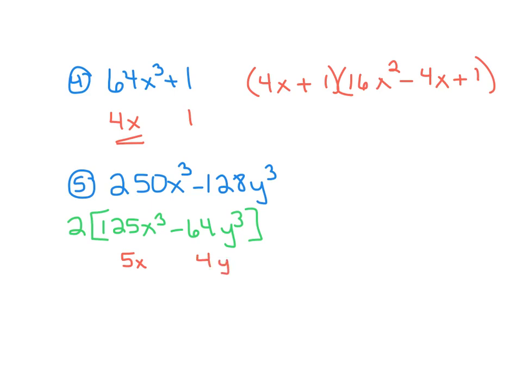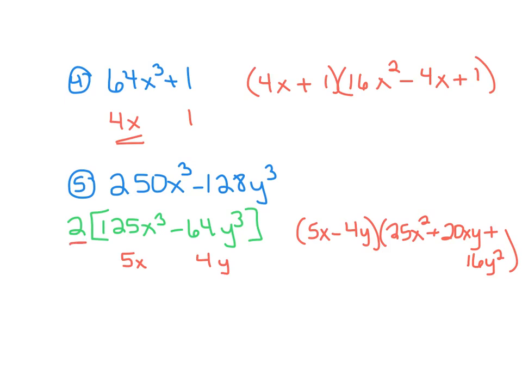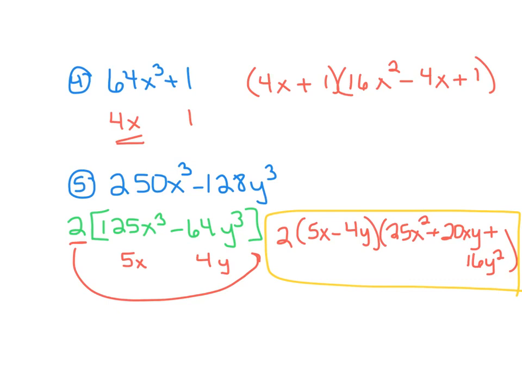So now you're going to have 5x minus 4y times 5 squared, so 25x squared, opposite sign, 20xy, always positive, 16y squared. Now the one thing that a lot of you are forgetting is to carry over that 2. I noticed it on the quiz, you've got to make sure to take the greatest common factor with it. Don't forget about it.